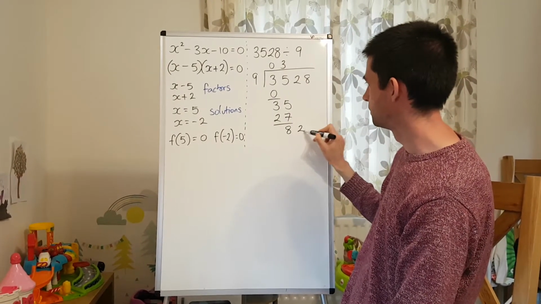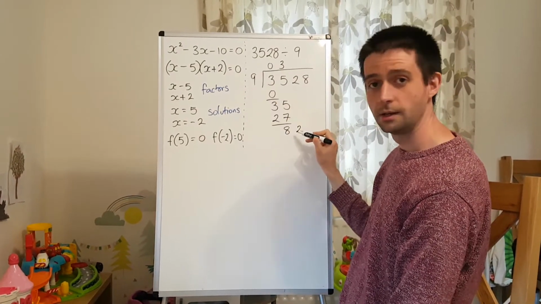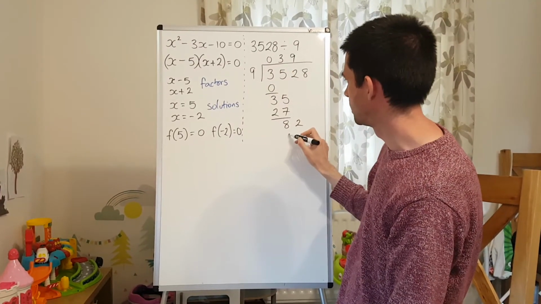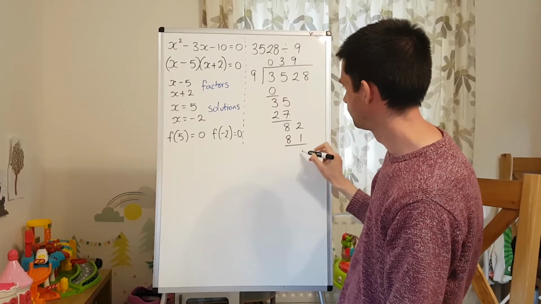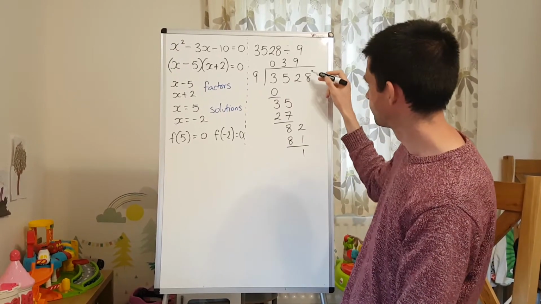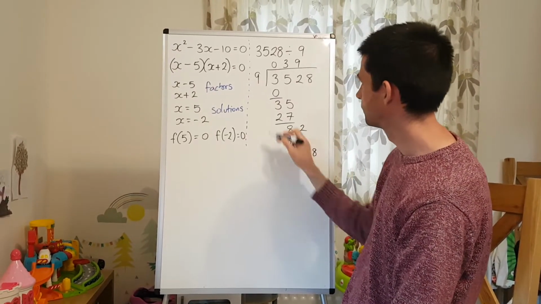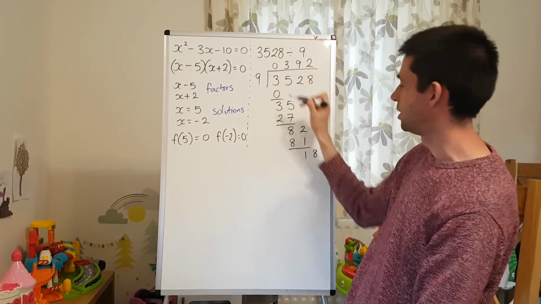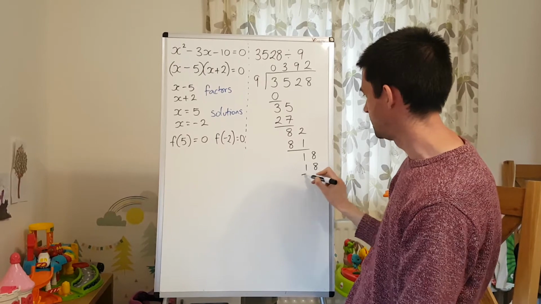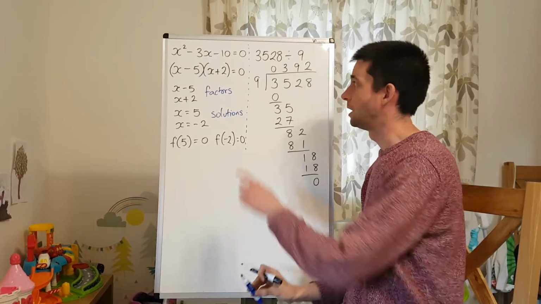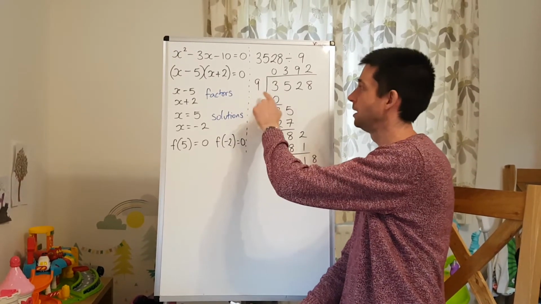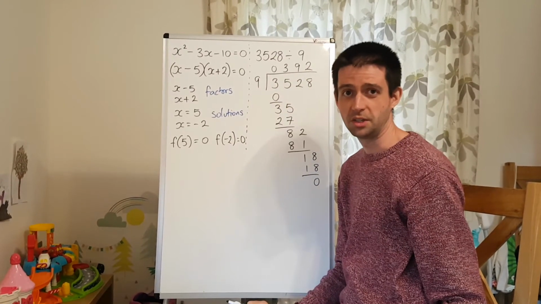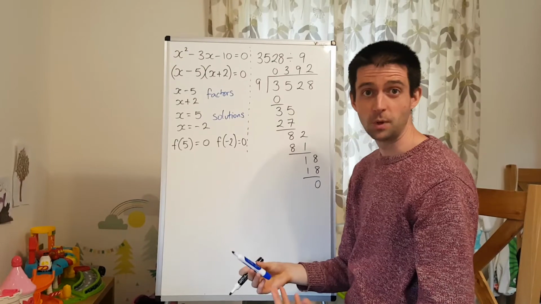And bring down the 2. 9's into 82 goes 9. 9 times 9 is 81, remainder 1, bring down the 8, and 9's into 18 gives 2. 2 times 9 is 18, which means there is no remainder, and that 9 divides exactly into 3,528, and the answer is 392.